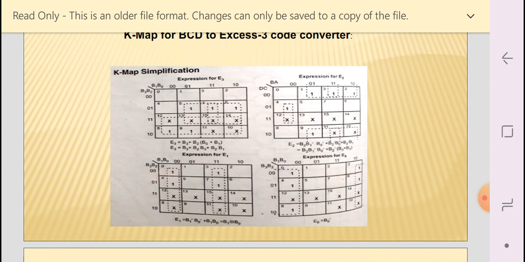Why 16? Because it is 4-bit, that is 2 to the power 4, which means 16. The positional weights are from 0 to 15, so write down 0, 1, 2, 3, 4, 5, 6, 7, 8, 9, 10, 11, 12, 13, 14, 15 in this manner.